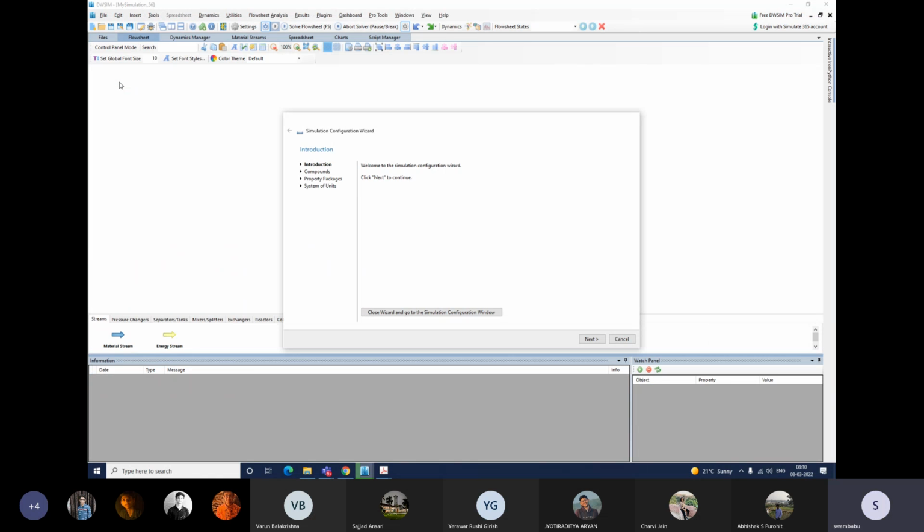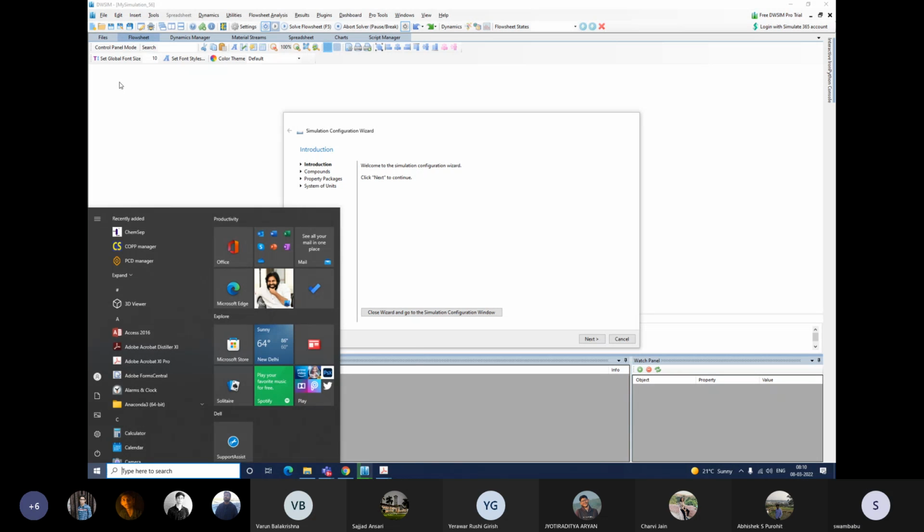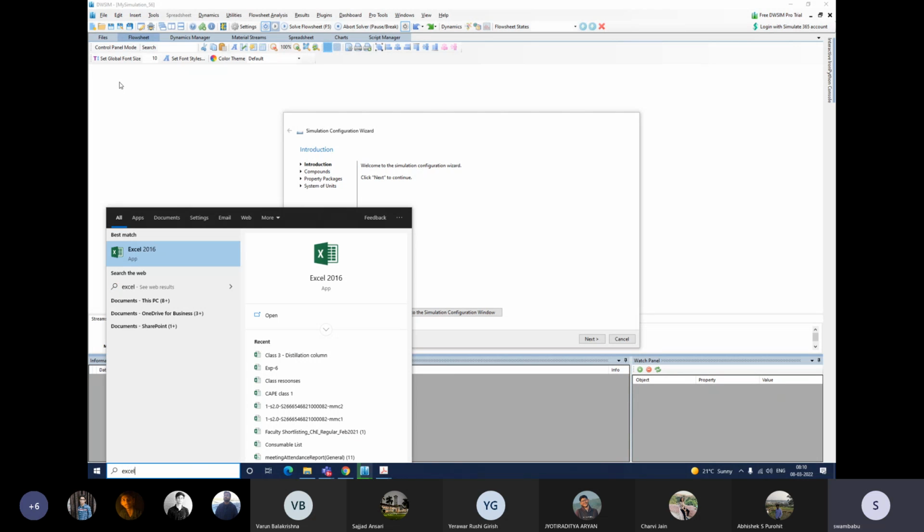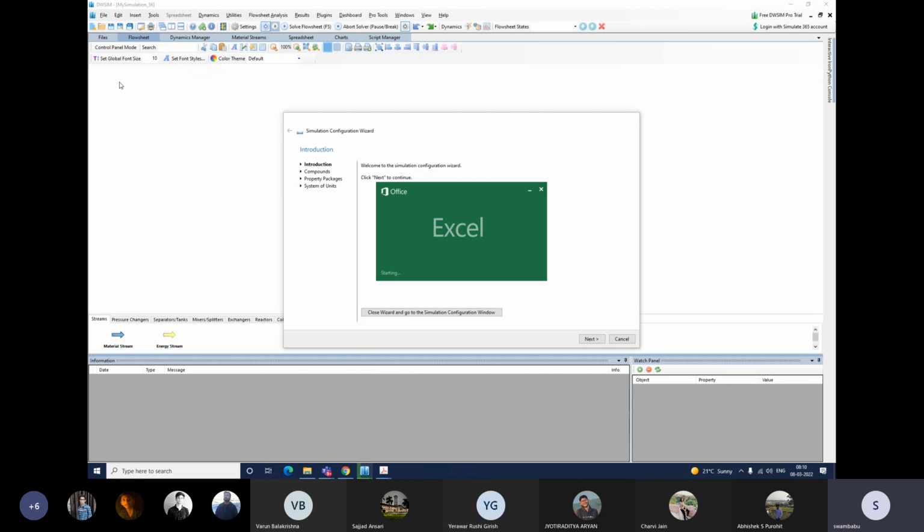So just click the new simulation, and I wanted to do the rigorous distillation column.